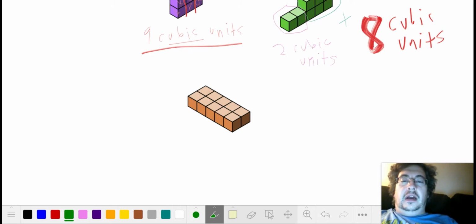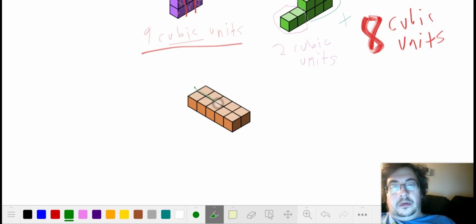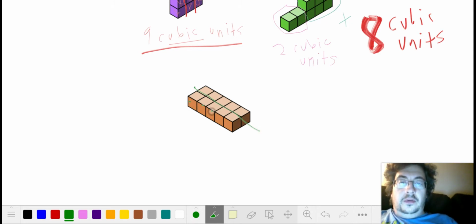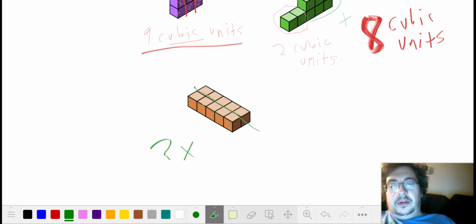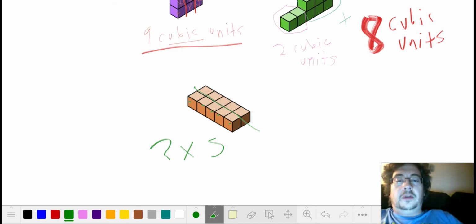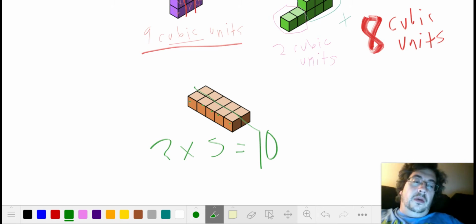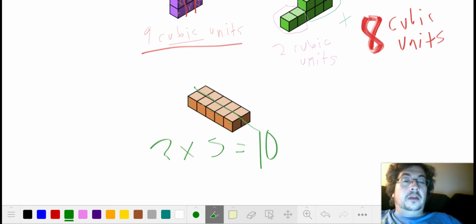So if I look here, I have 2 rows of 1, 2, 3, 4, 5. And so the multiplication problem that's going to help us here is going to find the total number of unit cubes is going to be 2 times 5, which gives us 10. And so the volume of this orange object is going to be 10 cubic units.